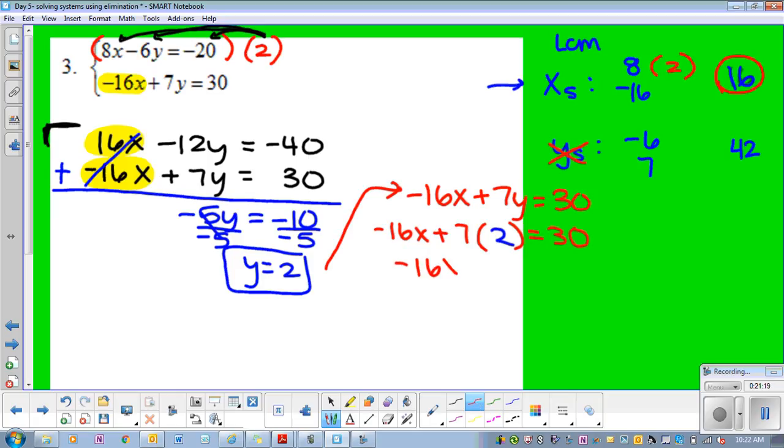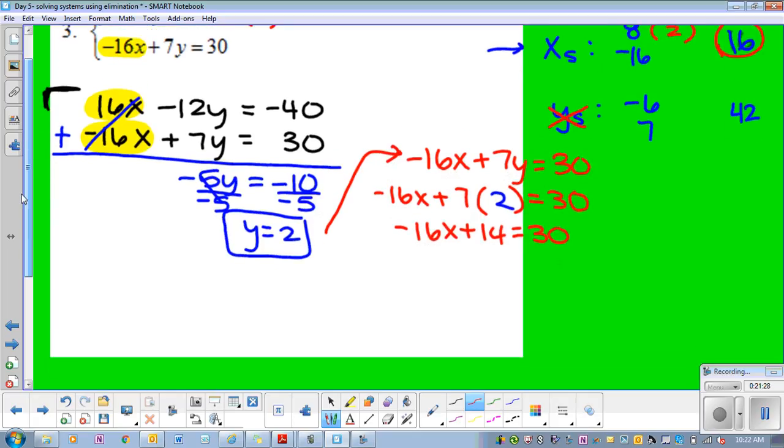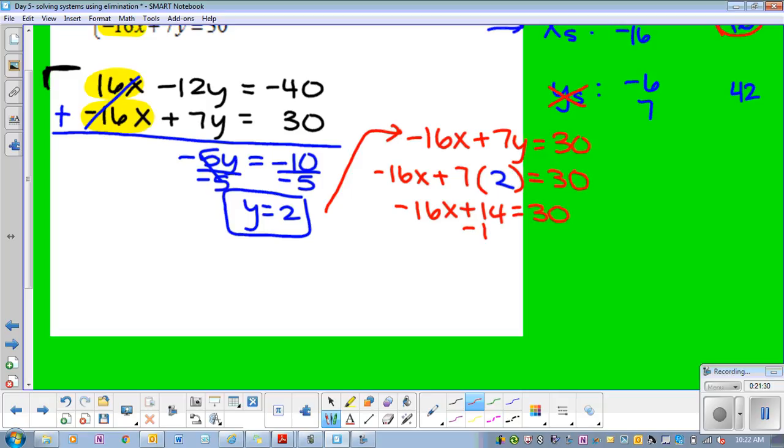So negative 16x plus 14 equals 30. Subtract the 14. Negative 16x equals 16. And then divide by negative 16. So x equals negative 1.